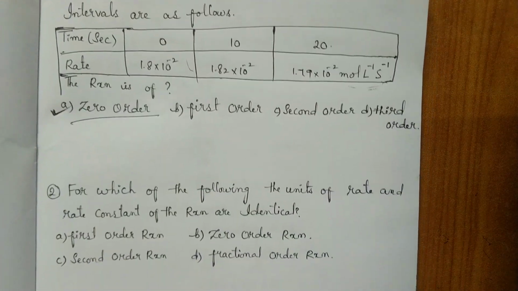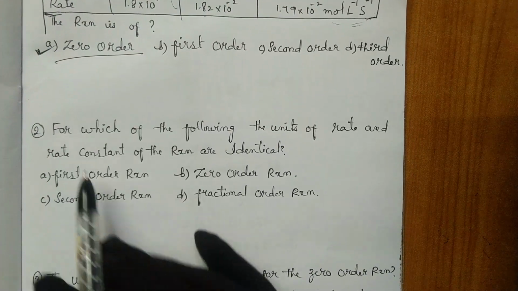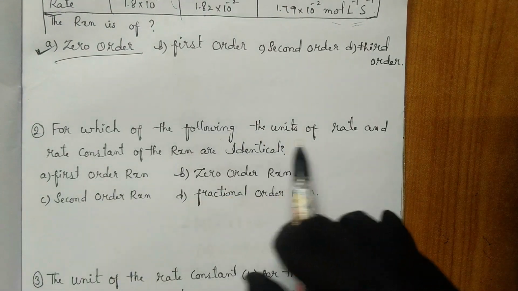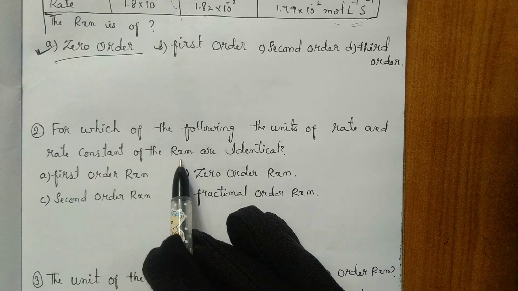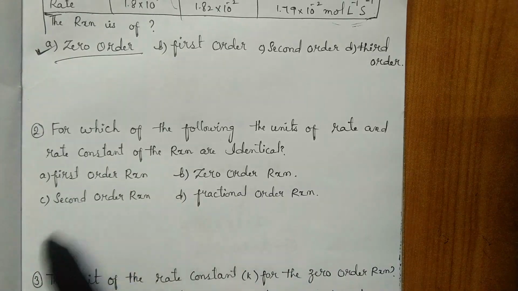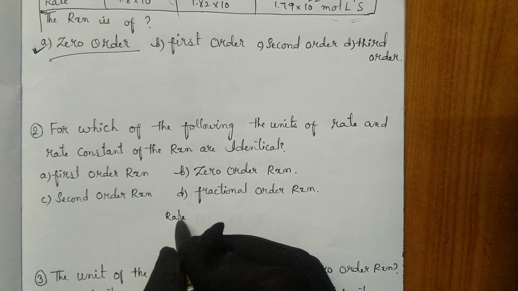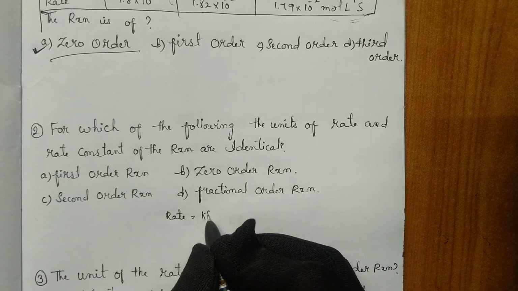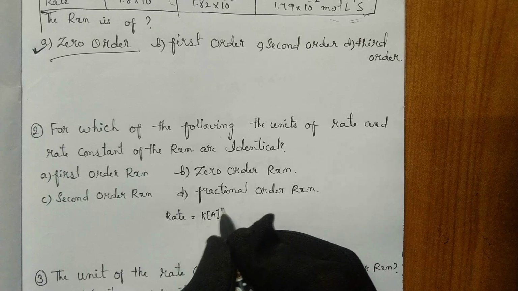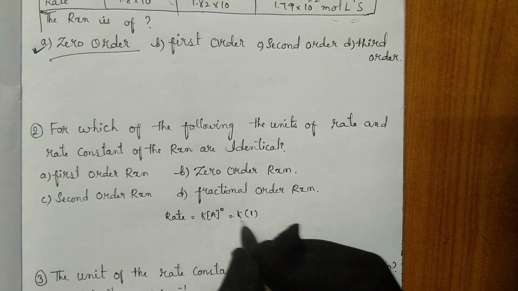Now the second problem is, for which of the following are the units of rate and rate constant identical? As we have the rate expression for a zero order reaction, rate is equal to K into concentration of A power 0, means K into 1, right?